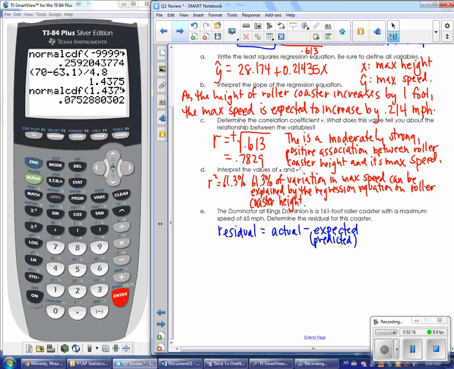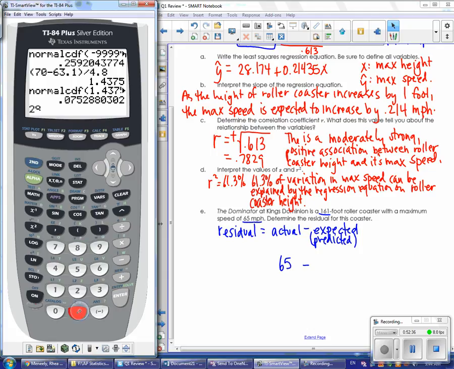The actual speed, and the residuals are in reference to the y values. The actual speed we're told is 65 miles per hour. So what I need to figure out is what the expected or the predicted speed would be if a roller coaster is 161 feet tall. So to do that, I'm going to plug in my equation, 28.174 plus my slope 0.21435 times the height of this thing, which is 161 feet.